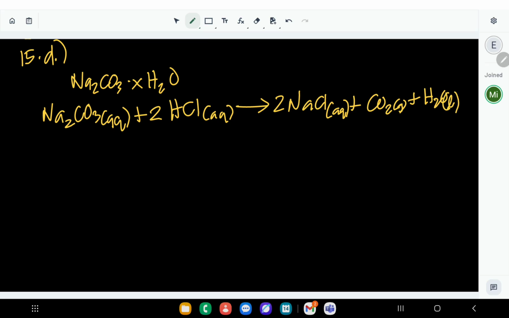Calculate the amount in moles of sodium carbonate in 250 cubic centimeters of solution.